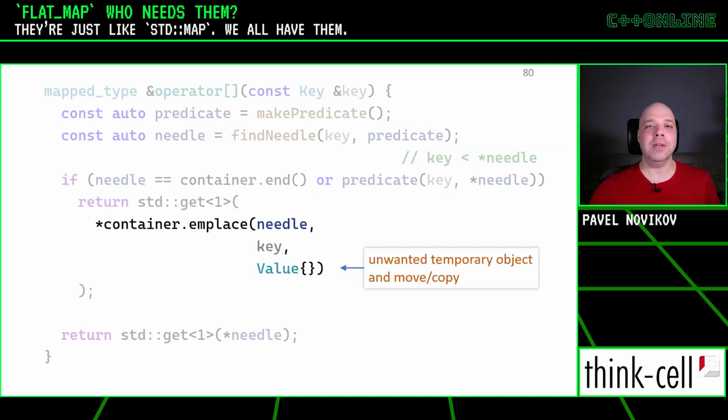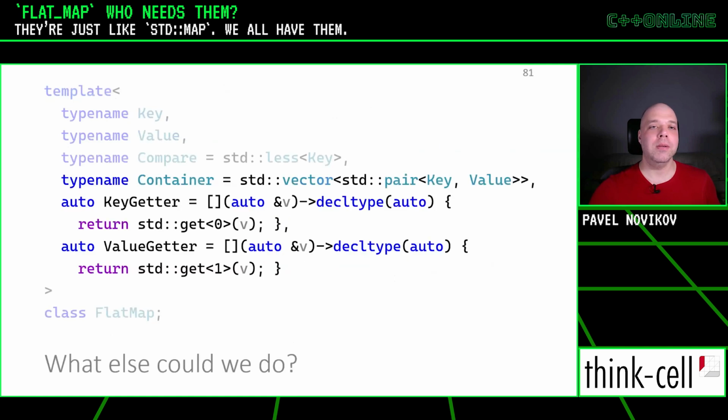We could approximate that behavior by constructing value, but that gives us unwanted temporary object that we may not want or may not be able to use because there is no default constructor, for example. Or maybe we can disable this operation altogether in the case if you use tuple. So you can still use other operations like find and insert, but you can't use subscription operator. Okay, what else can we do?